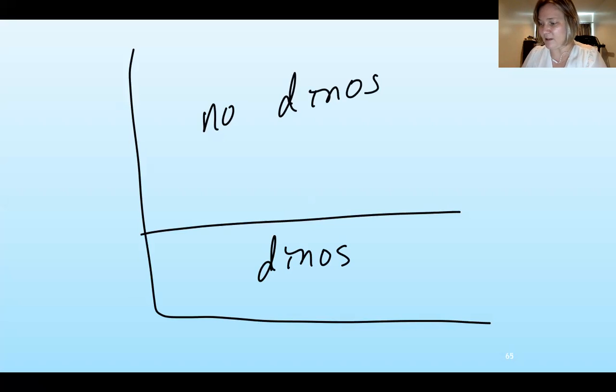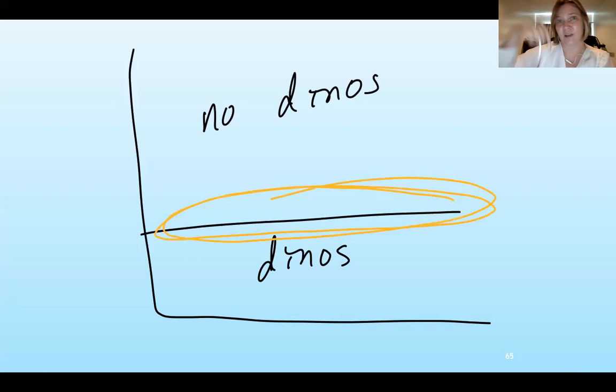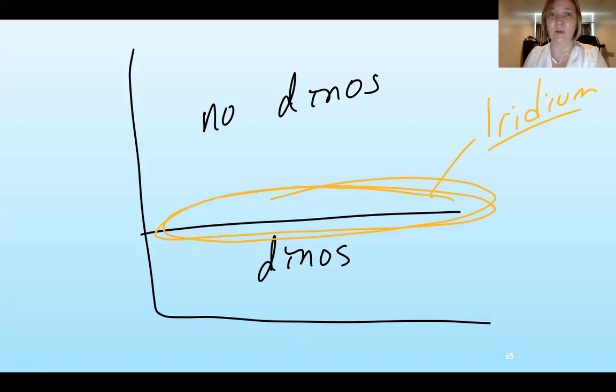They wanted to look at this layer, what happened in this layer, where underneath that layer, before whatever event occurred, you had dinosaurs, and then afterwards there were none, and that's where they found iridium. And iridium is not found on Earth. It's only found in meteorites and comets and things like that. So that's where we came up with the meteor impact theory, or the multiple meteor impact theory, on the disappearance of the dinosaurs.